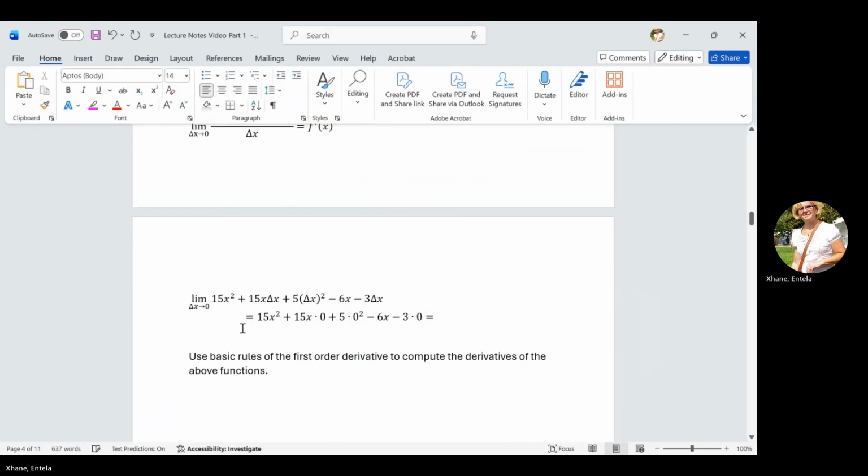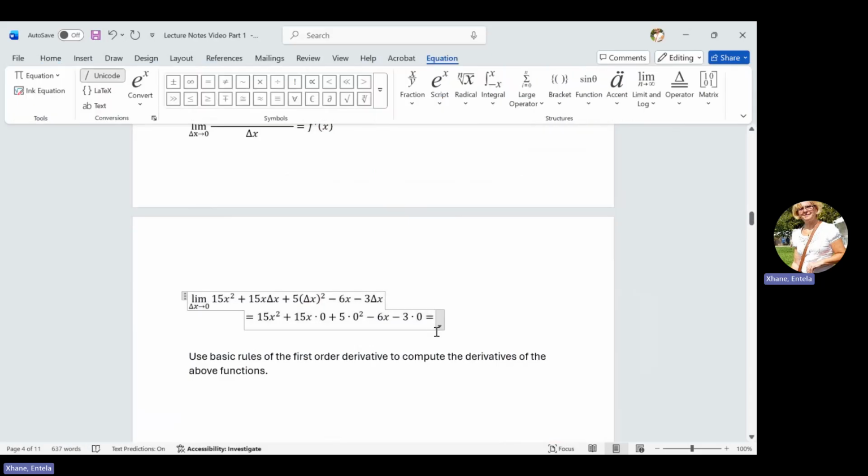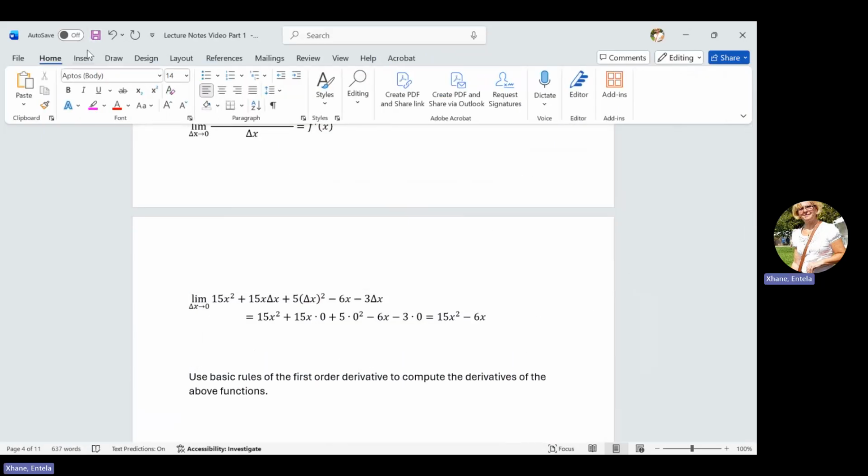Okay, so what is this limit? The ones with the zeros will be eliminated, so what remains is just the 15x squared minus 6x. That's it. So what is exactly the meaning of this?